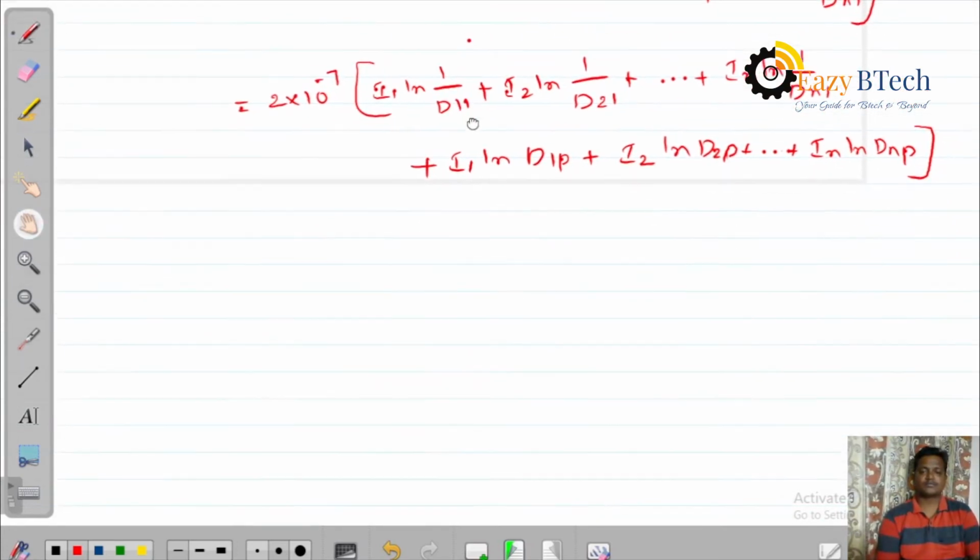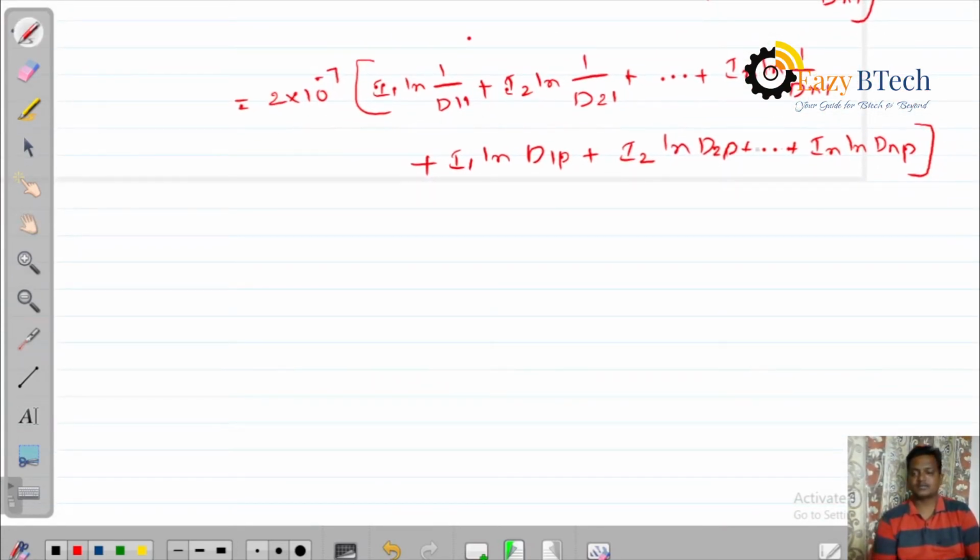Now from equation 1, what is equation 1? The equation 1 is the sum of all currents in the conductor is 0. Initially we assumed that I1 plus I2 plus up to In equals 0. From this expression, what is In?